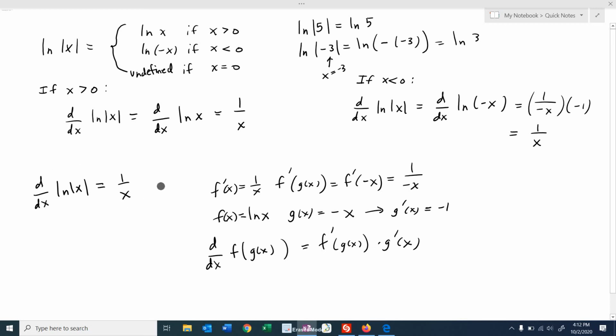Now, please bear in mind that the assumption here is that x cannot be 0. First of all, the natural log is not defined when x is 0, so it doesn't even make sense to do that over here. And of course, 1 over 0 is undefined as well. So this is true as long as x is not 0.